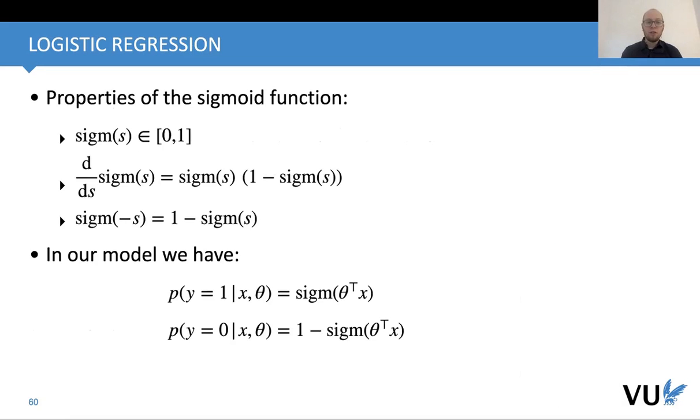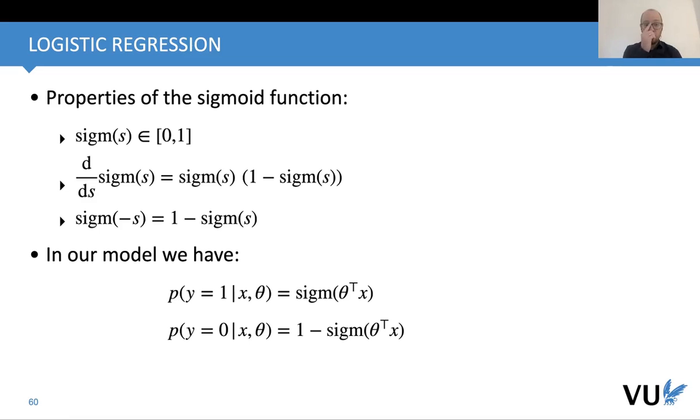Further, the sigmoid function has very nice properties. The first is that the derivative of the sigmoid function with respect to the input is expressed again using the sigmoid function: sigmoid times 1 minus sigmoid. Also, sigmoid of a negative value is just 1 minus the sigmoid function, an anti-symmetry in some sense.